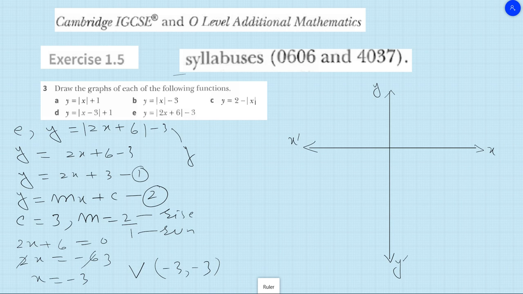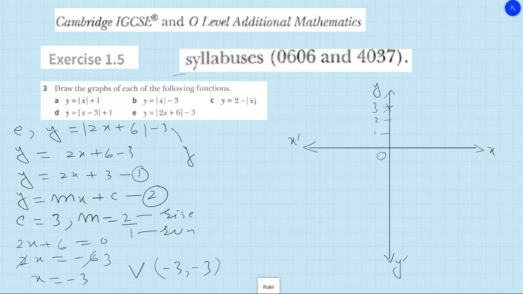So 1, 2, 3. This is the y-intercept and this is the origin.